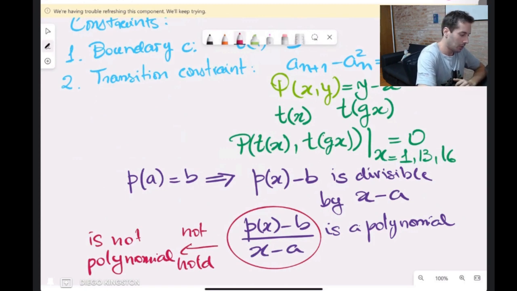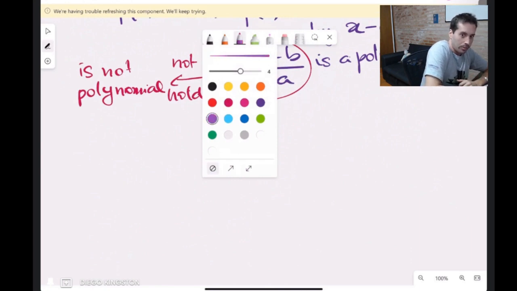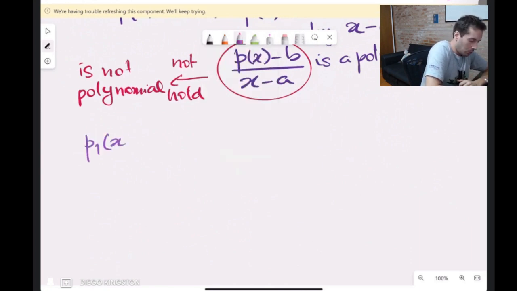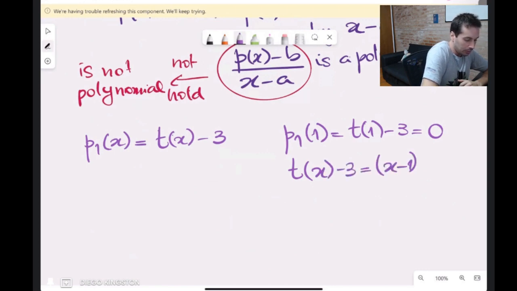We will start with the easiest one, which is the boundary constraint. In this case, what we are going to do is generate a polynomial p1 of x, which is simply the trace polynomial minus 3. Of course, we can see that if we do p1 of 1, this is t of 1 minus 3, and this is obviously 0. So this means that t of x minus 3 is something like x minus 1 times another polynomial.